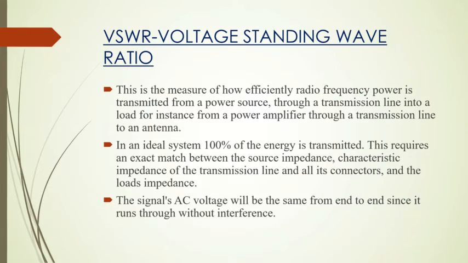Here impedance is the total effective ohmic resistance and reactive resistance. So for an ideal system, 100% of the energy is transmitted. The signal's AC voltage will be the same from end to end since it runs through without interference.